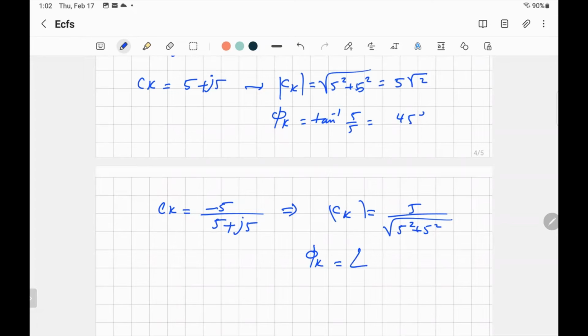What is the angle of the top? Negative 5 is 180, and the angle on the bottom is 45. So what is the result? 180 minus 45, and you subtract, you get that. So that's the way we get the angle of a complex number.